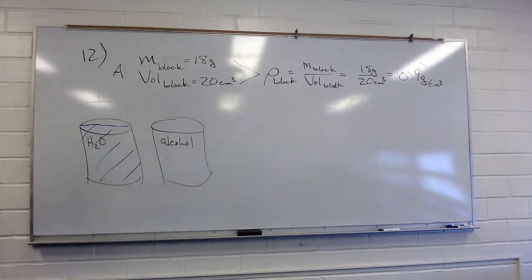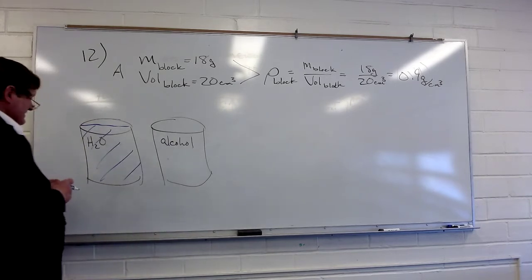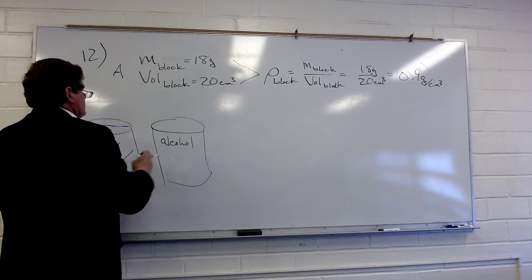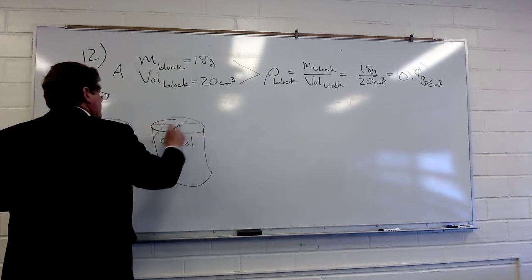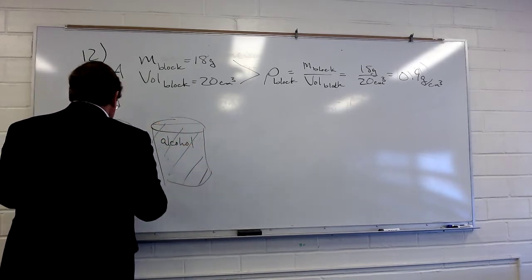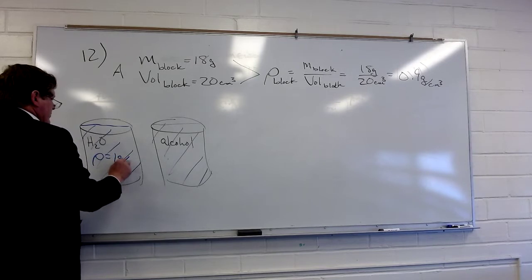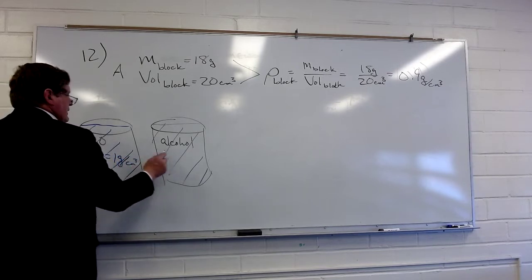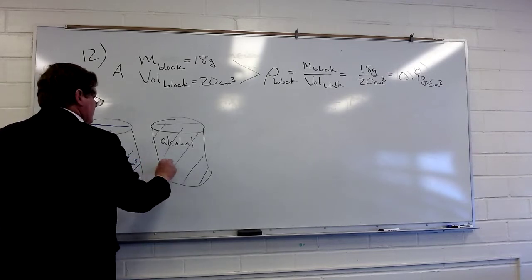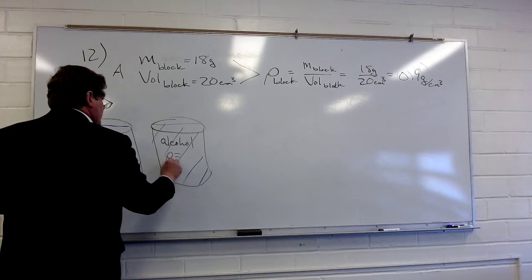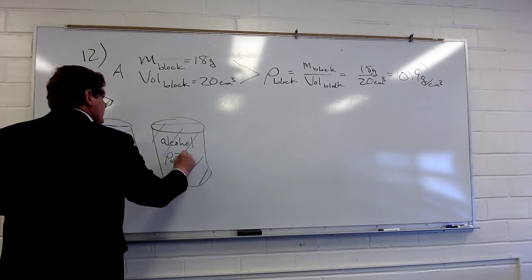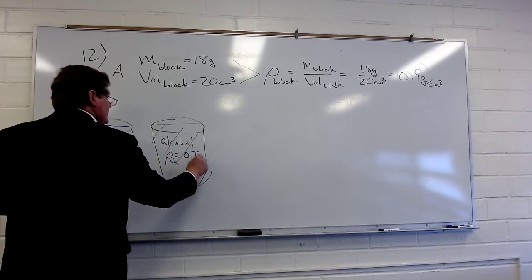Right up to the brim. And the density of water is 1 gram per centimeter cubed, and the density of alcohol is 0.79 grams per centimeter cubed.